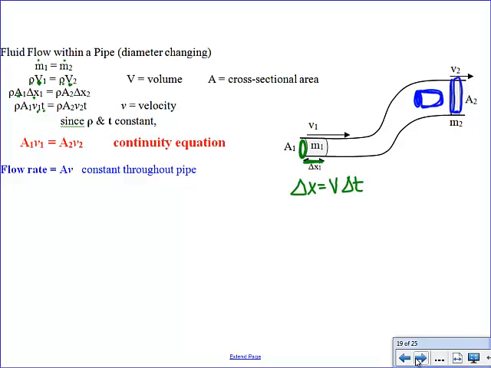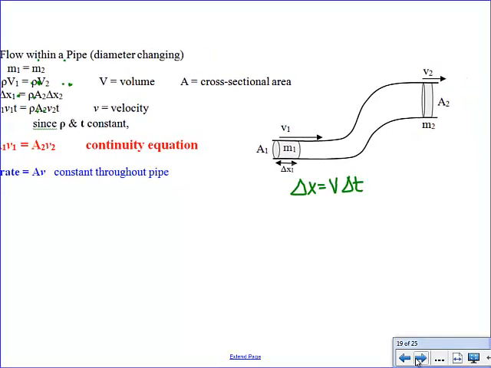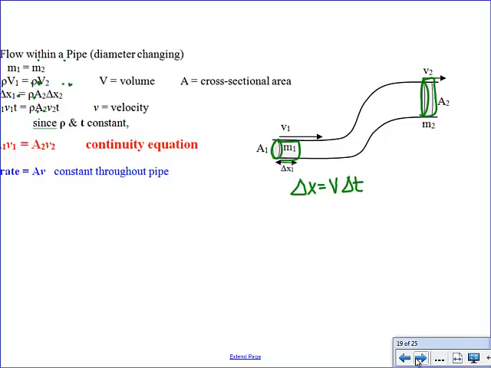So it turns out that we've got the same mass in these two positions, but we've got different cross-sectional areas. Let me move this over for a second, and then I'll put it back. So we've got the same mass, but different cross-sectional areas and different velocities.